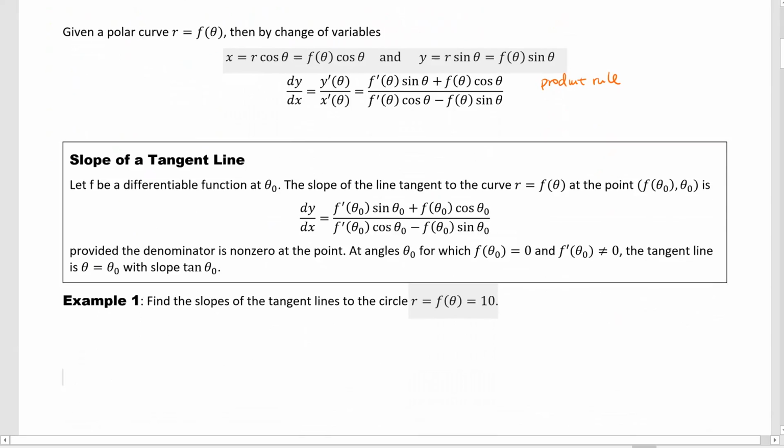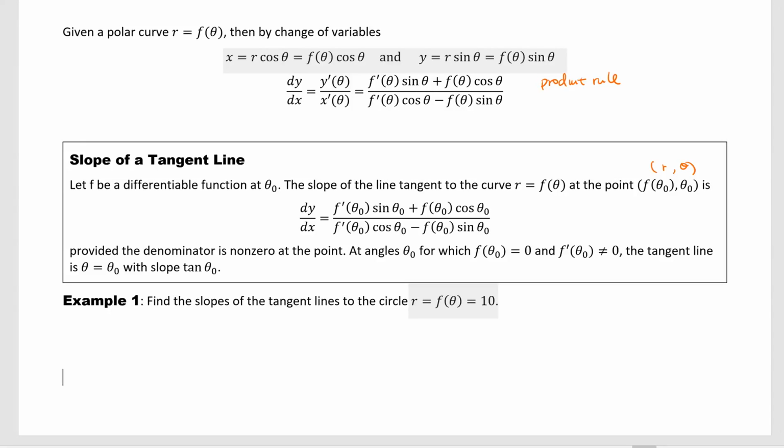And then the slope of a tangent line. Let f be a differentiable function at theta 0. Then the slope of the tangent line to the curve at the point f of theta 0, comma theta 0, in polar coordinates, where this is r and this is theta, is the derivative where we plug in theta 0, provided the denominator is non-zero at the point.